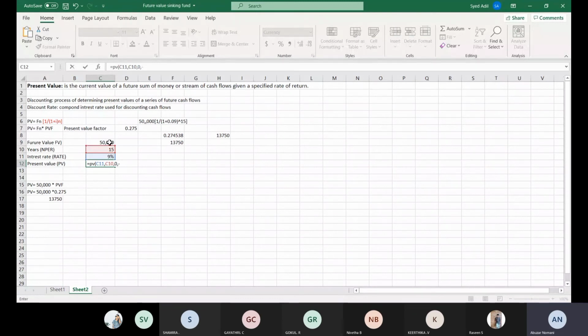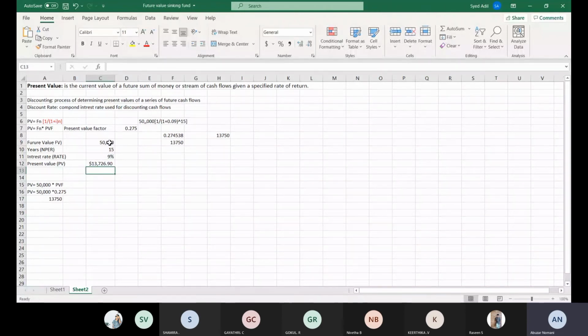Then put minus future value cell we have selected, comma 0. There are some changes coming, we have to check what we have done again.